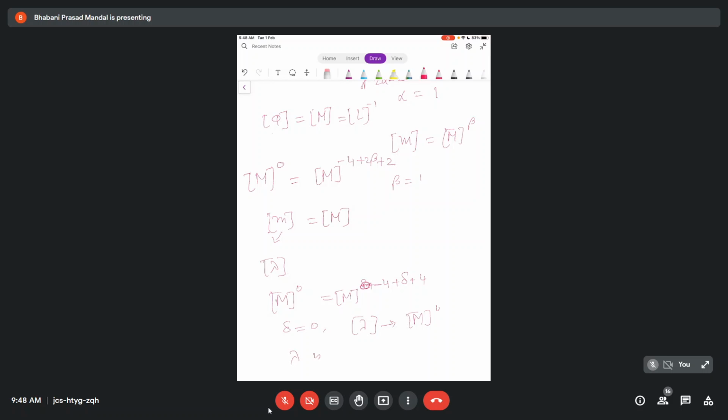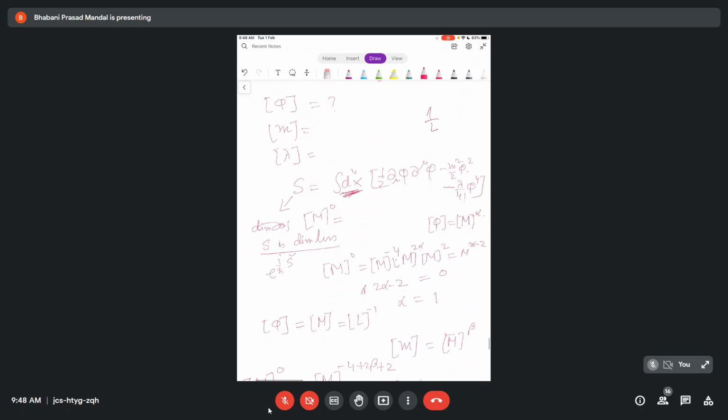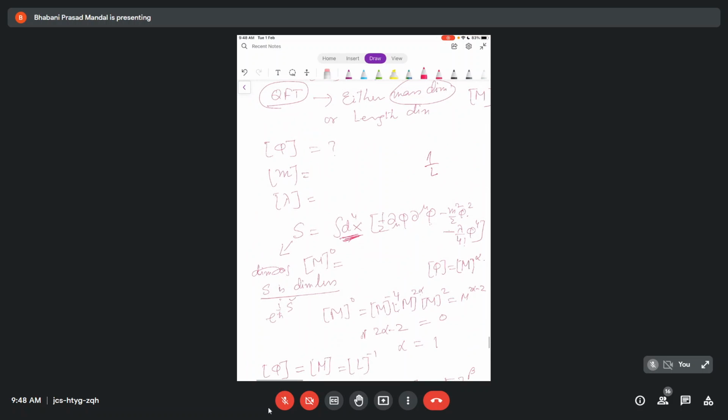So lambda is dimensionless. And this has a very important role in 4 dimensional natural units. If your dimension is not 4, if it is 2 dimensions, then everything will change.